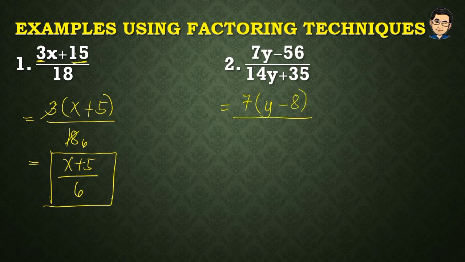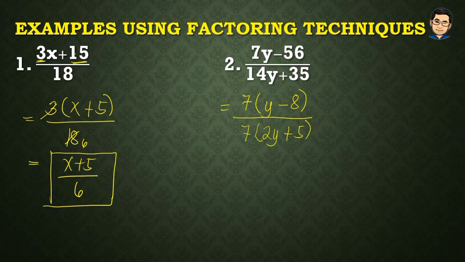All over, so factor ng 14y plus 35, yung greatest common factor nila is 7 din. So, ang mangyayari, 7, and then sa loob, 14y divided by 7, that is 2y, and then 35 divided by 7, that is 5.